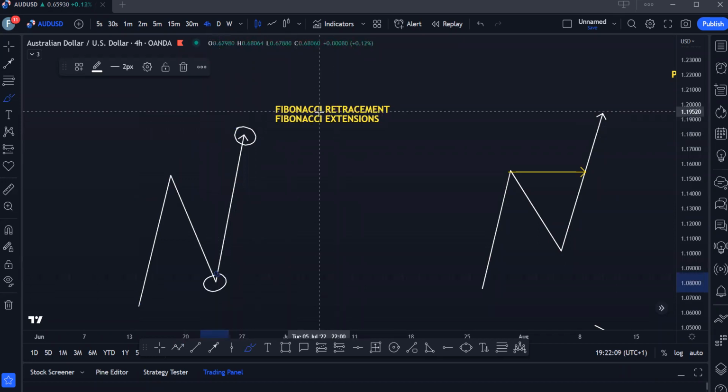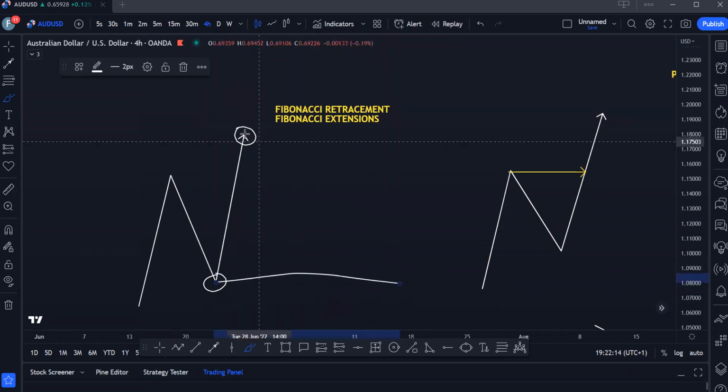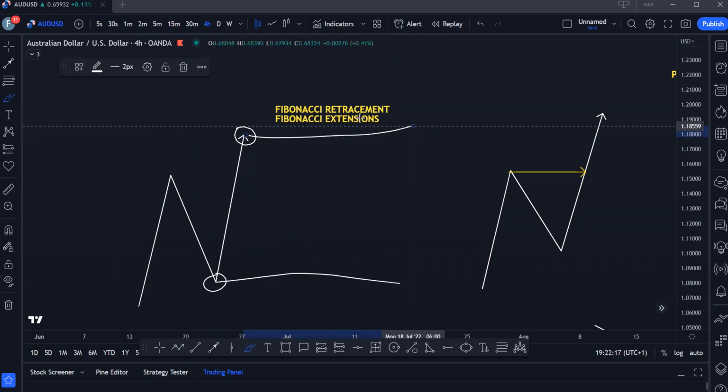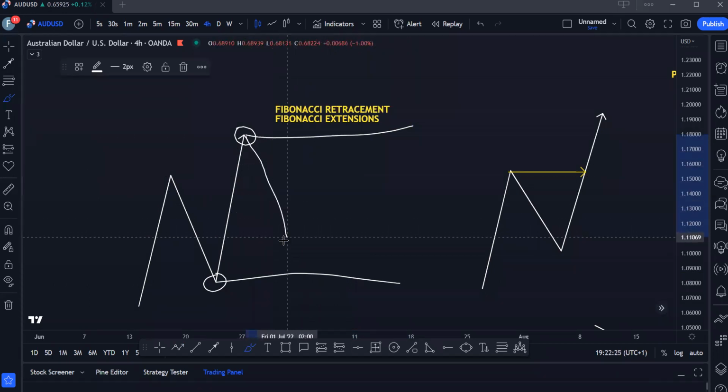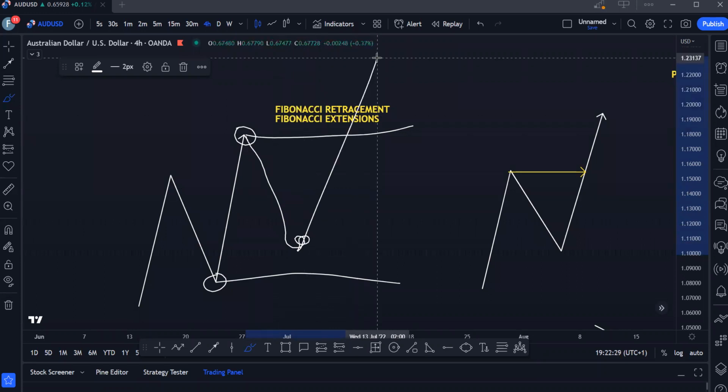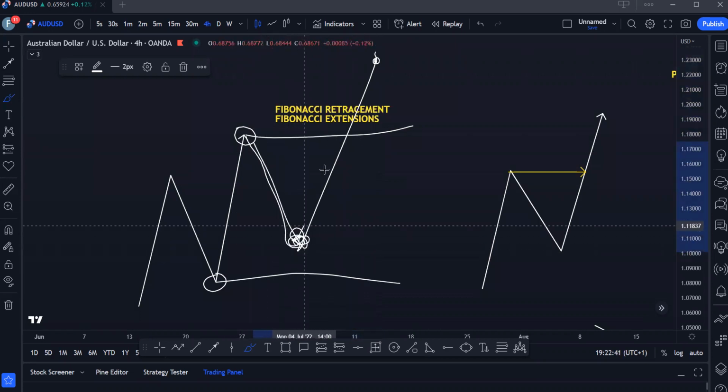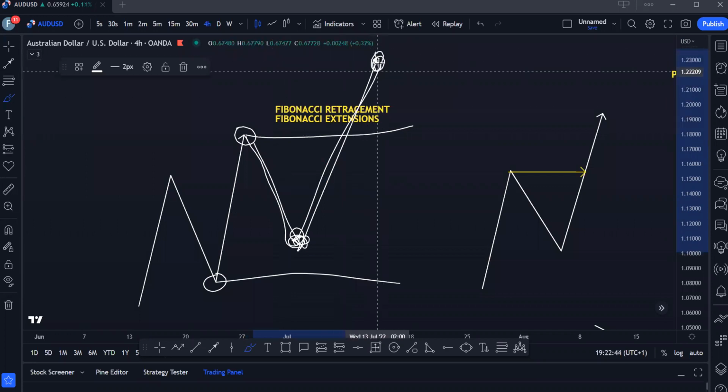With Fibonacci, when we measure price from here to here, Fibonacci retracement will give us an idea as to where price is going to retrace to before it starts going up. It will also give us an idea as to where price is going to get to. This move down is called a retracement, and this move up is called extension.